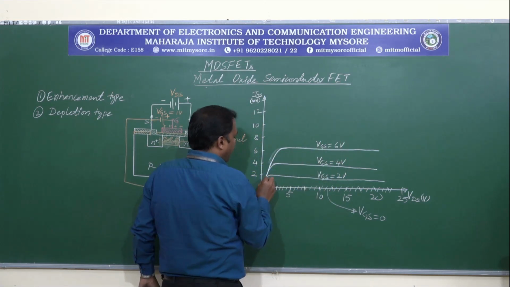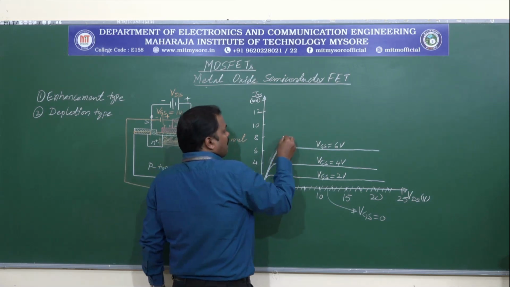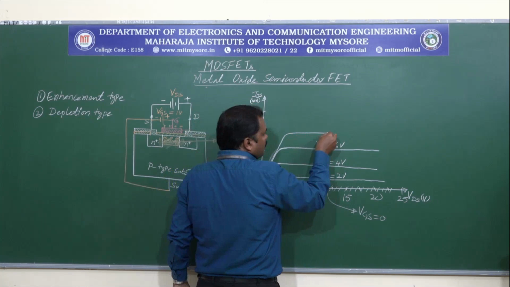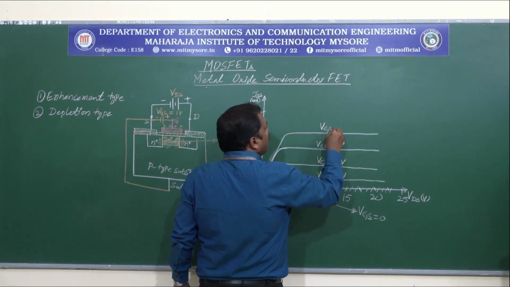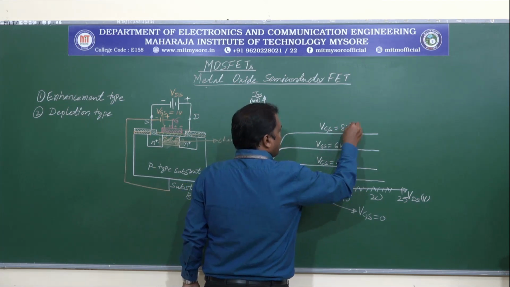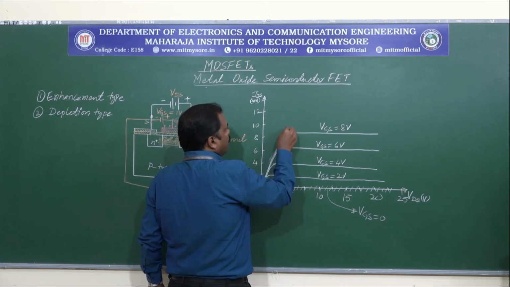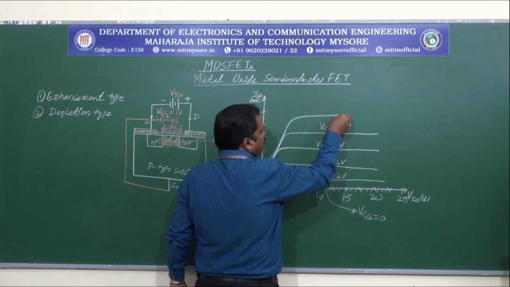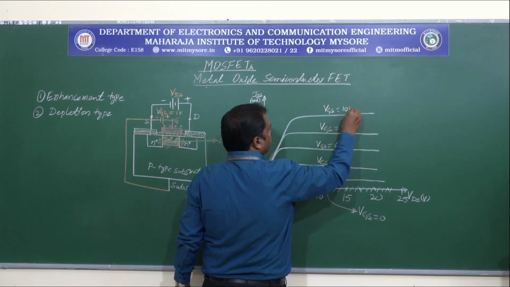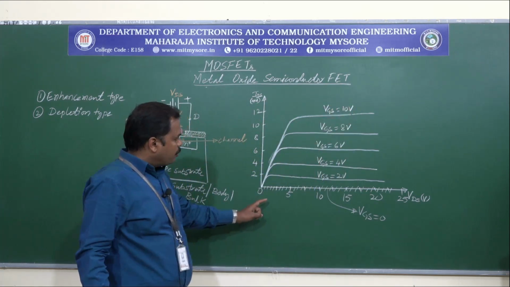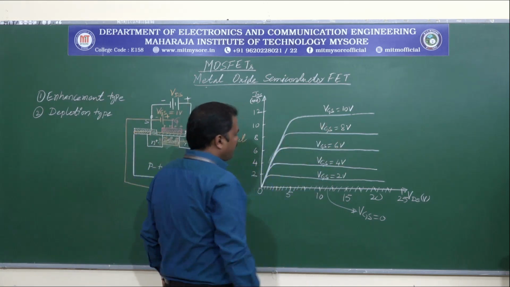Likewise, as we go on increasing the VGS value, there will be enhanced conduction taking place in the device. So this is how the drain to source current varies with respect to changes in the VDS. So now this is the drain characteristics.